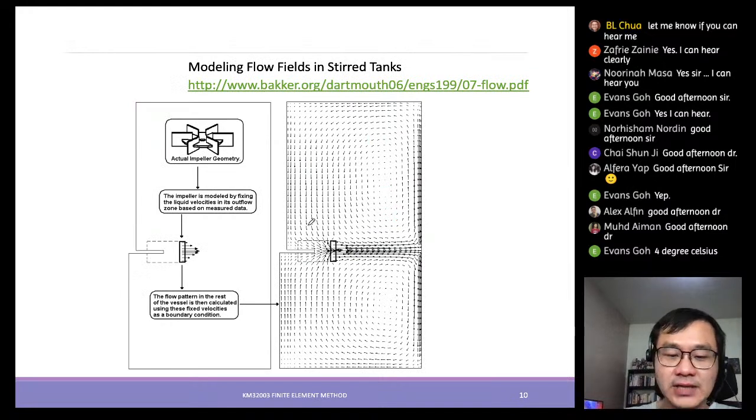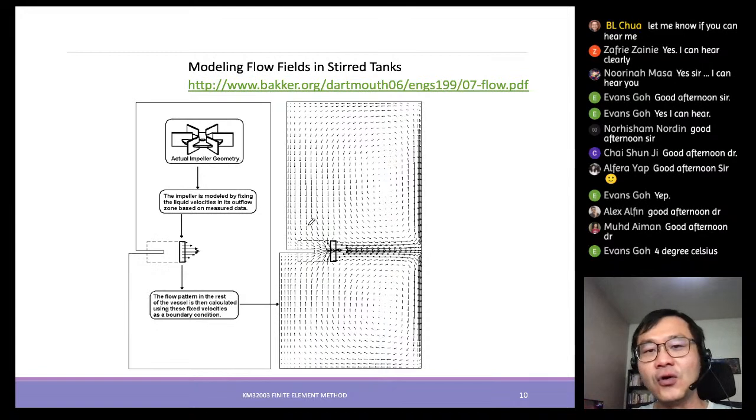Okay. So now this is how we can model a flow in a stir tank. You can refer to the link if you want to get some simulation results of this.